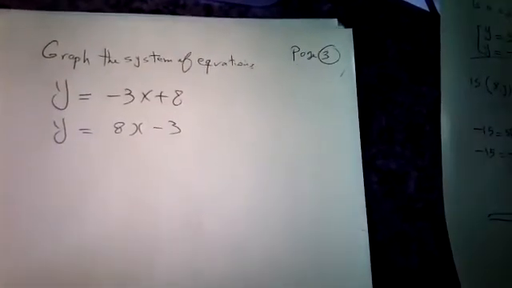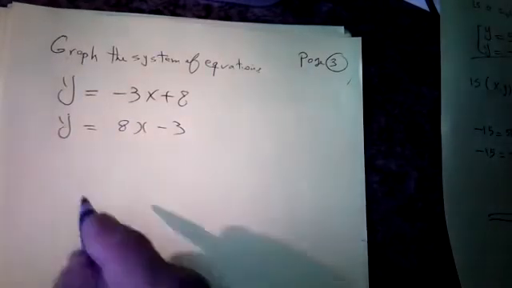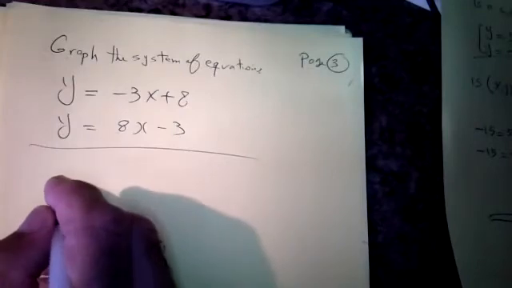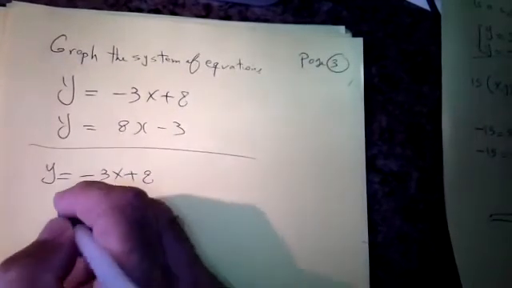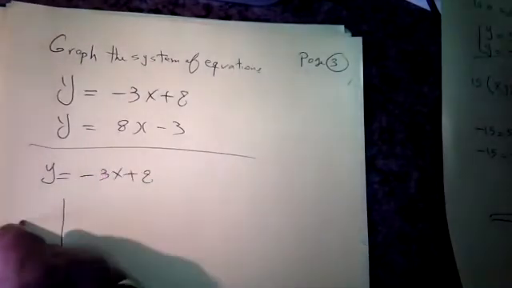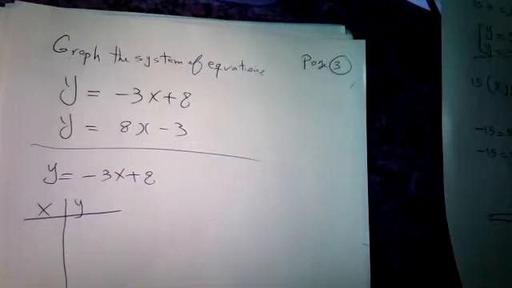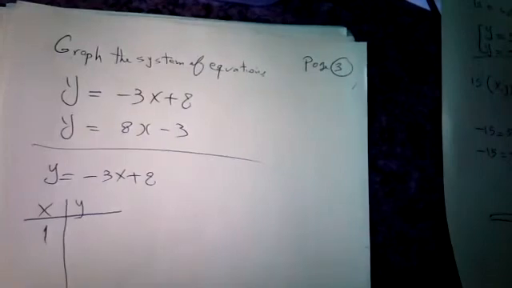Again, we call it a system because there are two equations, right? So what you do for the first one is you just say y equals minus 3x plus 8. Again, anytime you want to graph the equation, you need to have two arbitrary points, okay? So let's say one point is x equals 1.